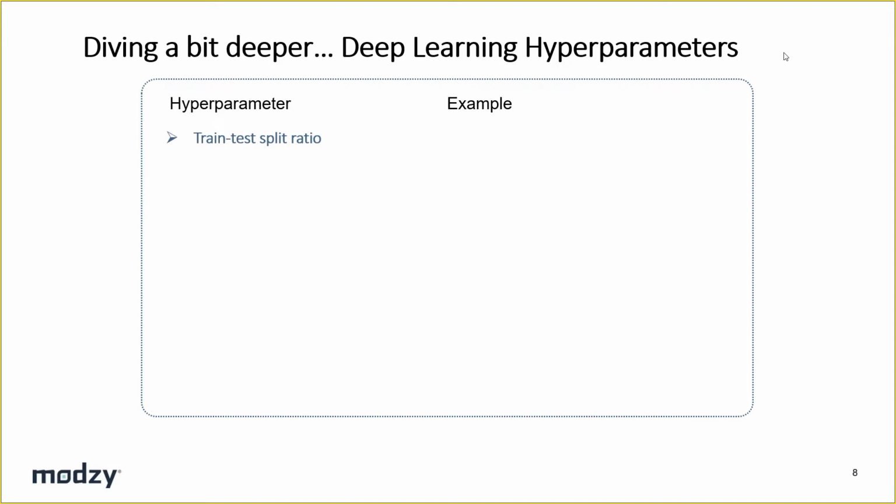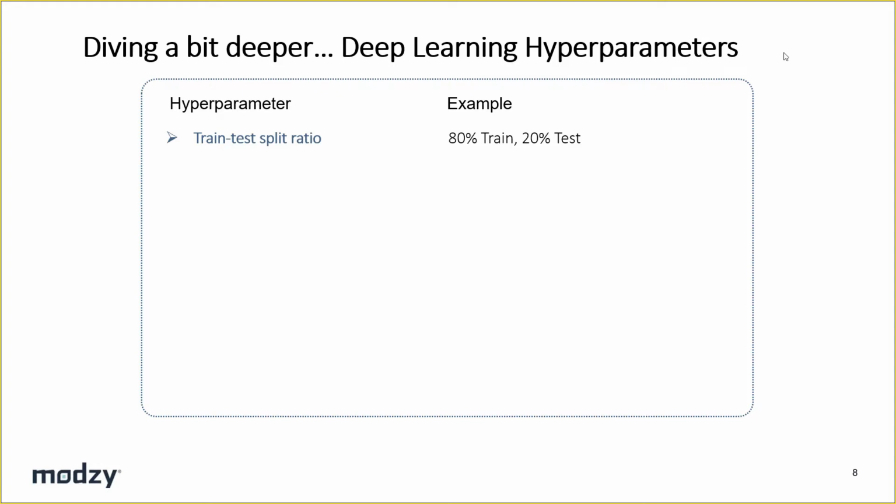The first is train test split ratio. You've got your data set and you'd like to train a machine learning system to perform some task based on that historical data. Well, you're always going to want to split your data set into a train set, which will comprise most of that data set, and then a testing or validation set, so that throughout each iteration of the training cycle, you can freeze your model weights at that point in time and run the test or validation set through, that the model, those weights have never seen before, to validate the performance of your model at that point in time.